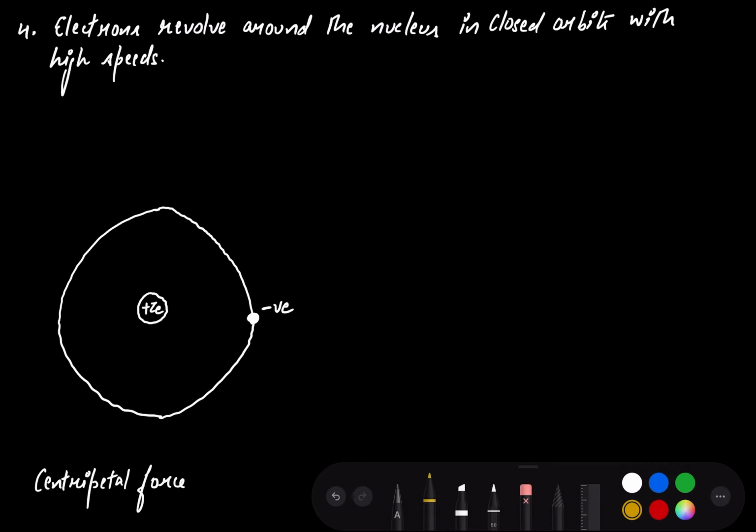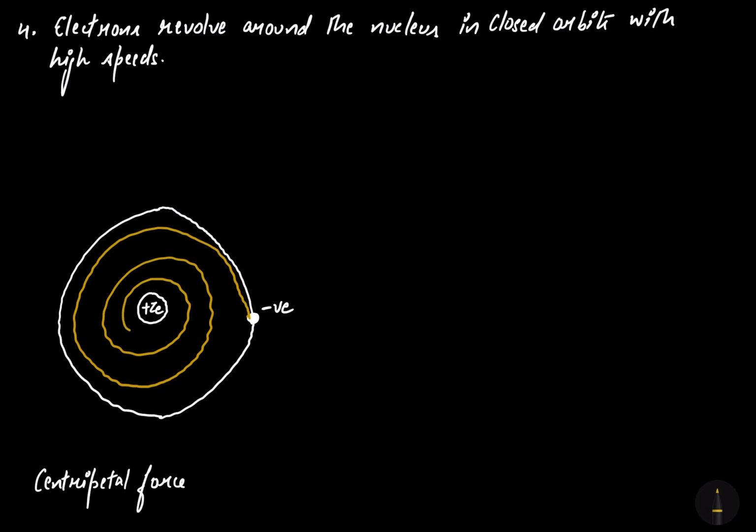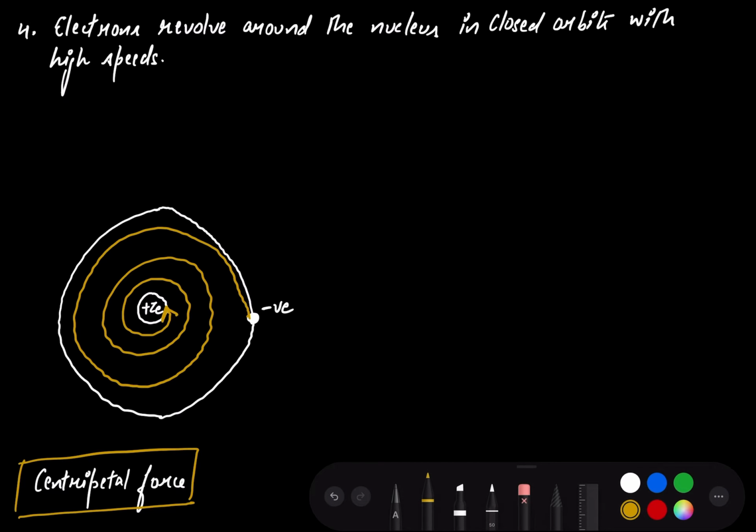If the inward force is greater, if the nuclear attracting power is much stronger, then the electron will follow a spiral path and finally collapse onto the nucleus like this. So the force acting on a body which brings that body to the center of the circular path is called centripetal force.